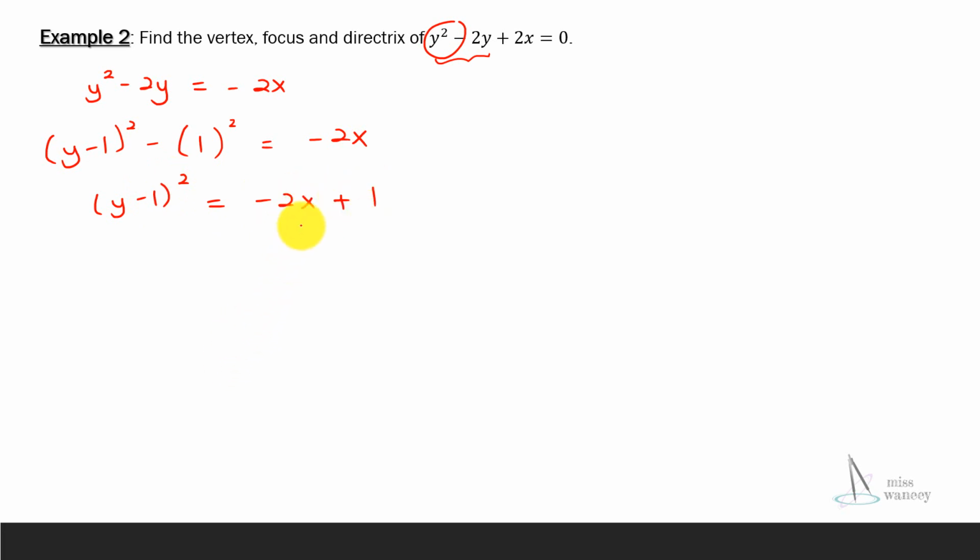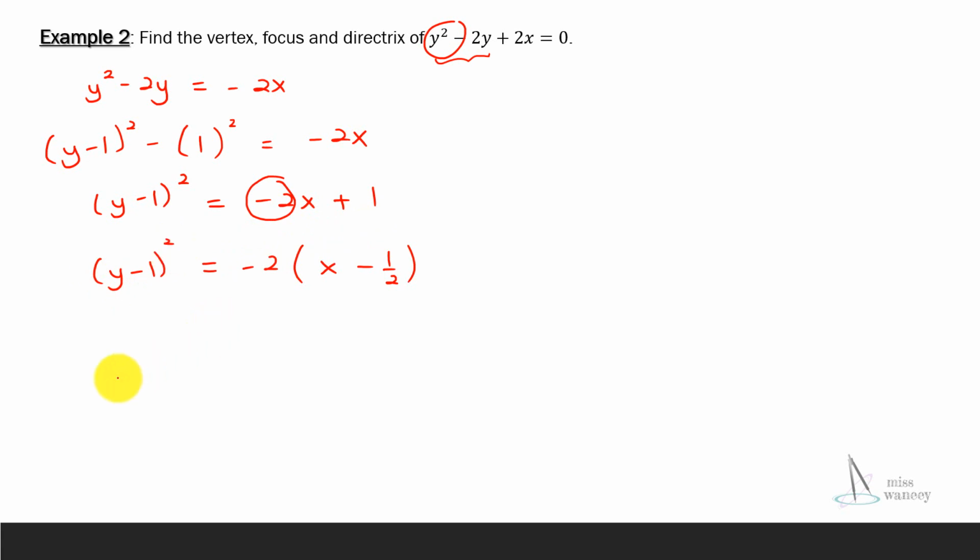And then of course you should factorize any coefficient of x that you see. So factorize −2 outside, we're going to have x. And then factorize −2 for the 1 as well. This one is going to give you −1/2. So do check: when we multiply them, we should be able to get positive 1. So this is (y − 1)².